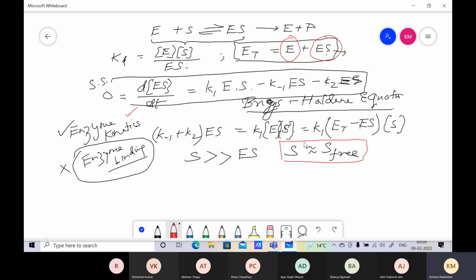By a little algebra on the Briggs-Haldane relationship, we can get the value of ES in terms of ET, which we did yesterday: K1 ET into S divided by K minus 1 plus K2 plus K1S.